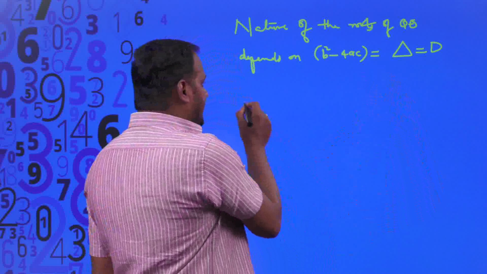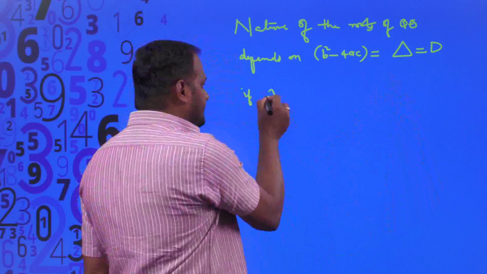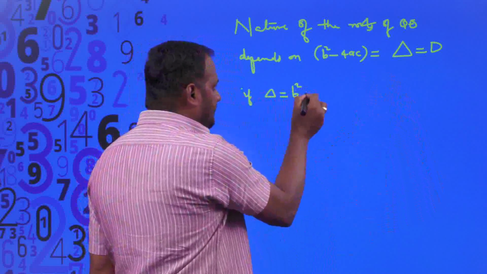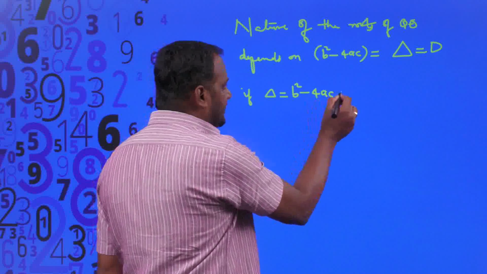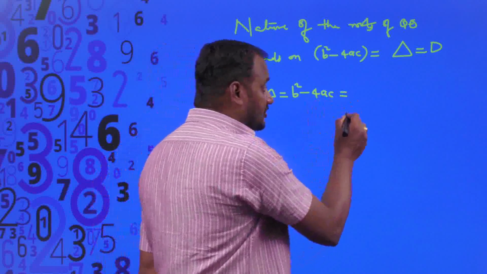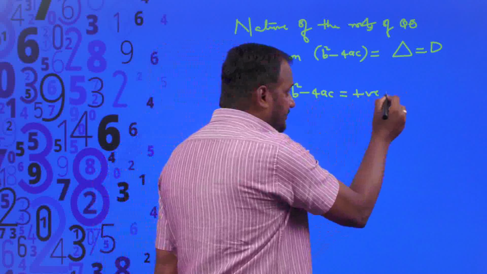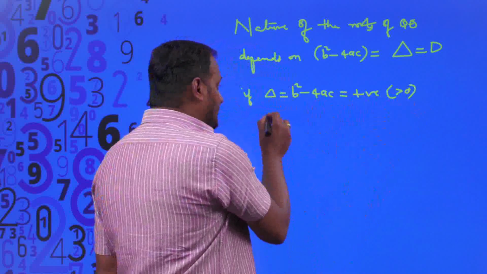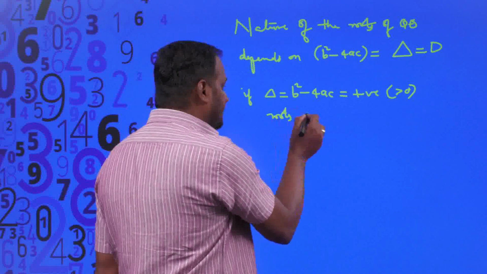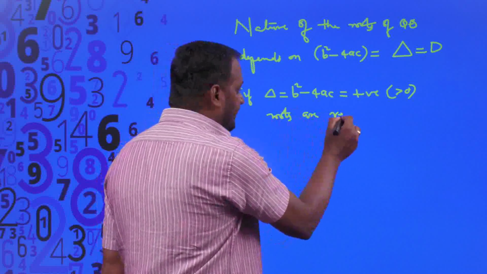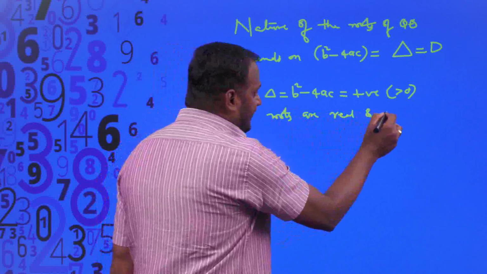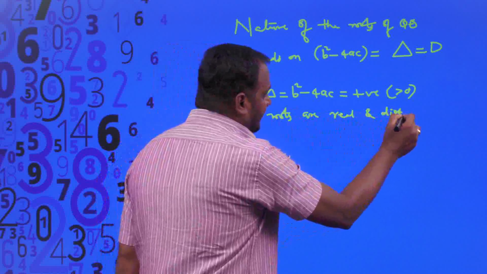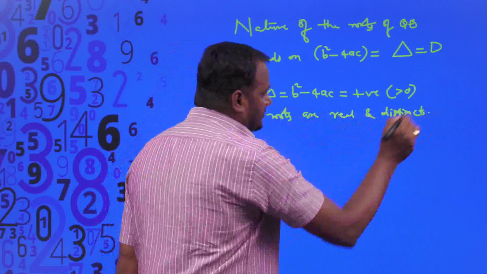Now if the value of delta, equal to b square minus 4ac, is a positive number, which is greater than 0, then what kind of roots are they? Then the roots are real and unequal. Unequal means they are distinct or different roots.